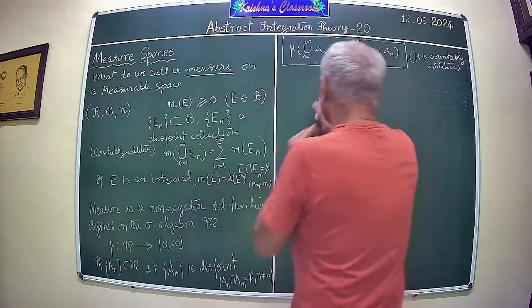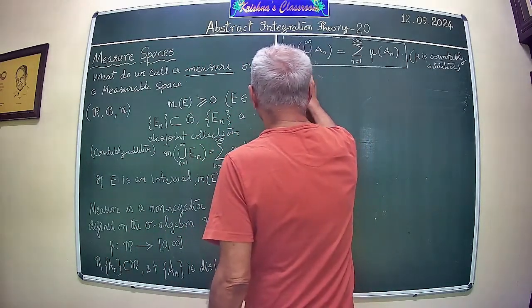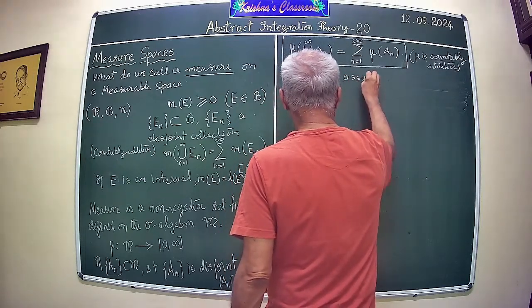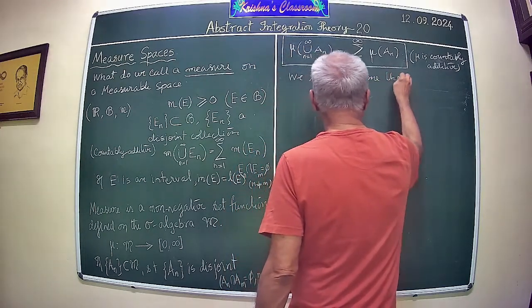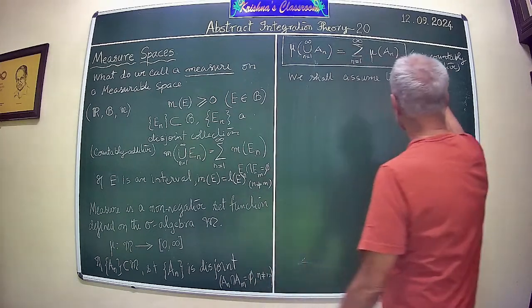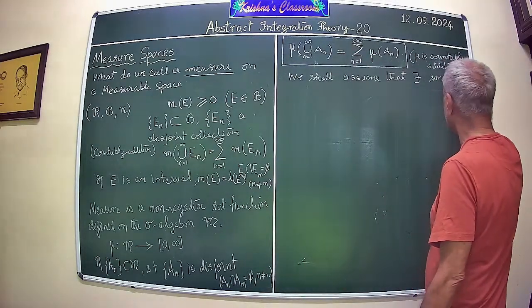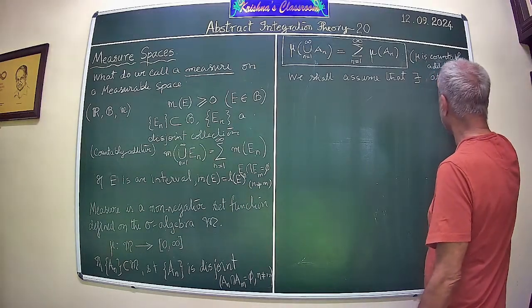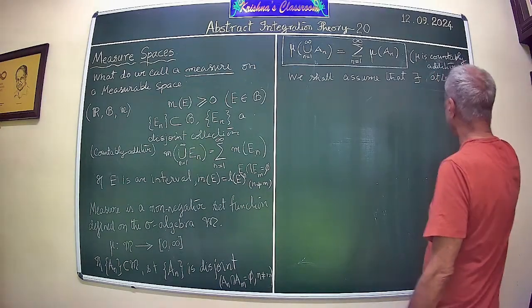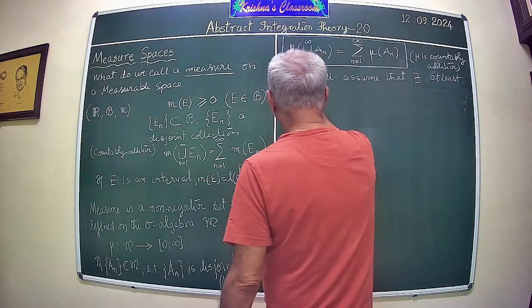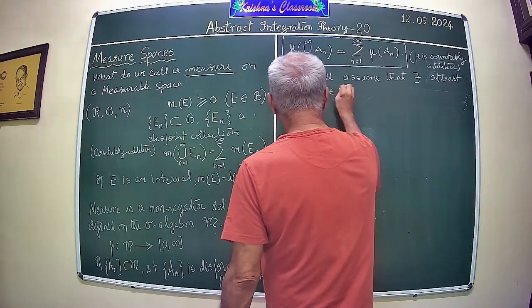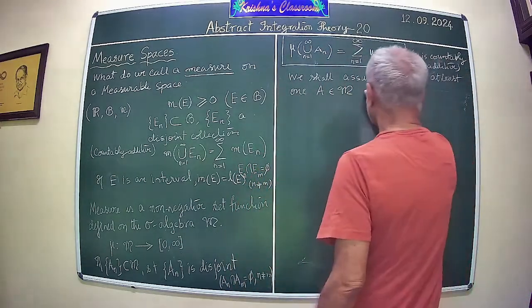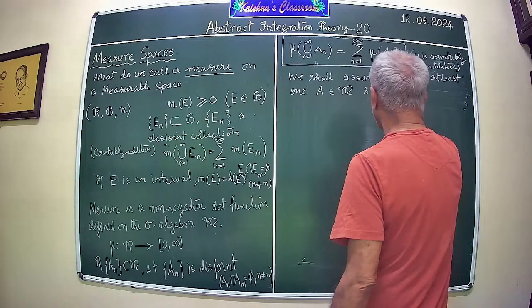Now we assume that there exists at least one A such that mu of A is finite.